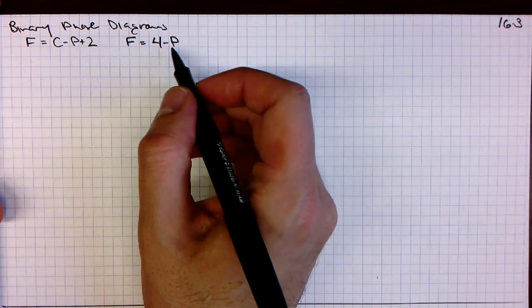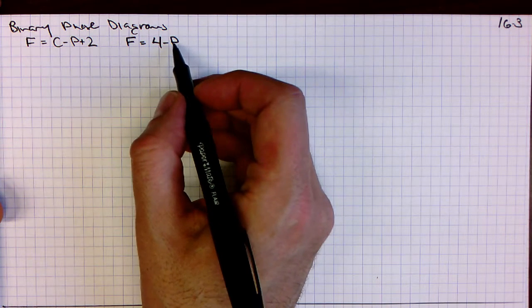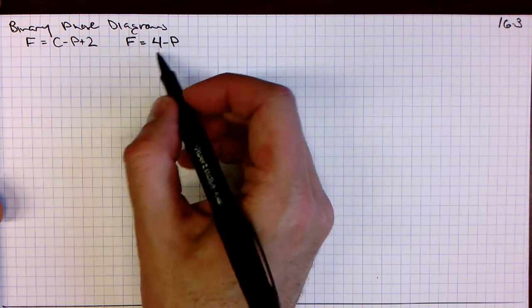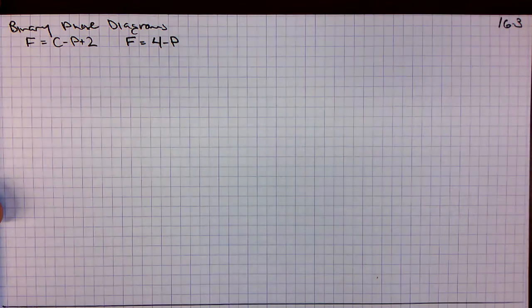Now, this gives us a little bit of a problem, because that means if we have only one phase present, in general we have 3 degrees of freedom possible.